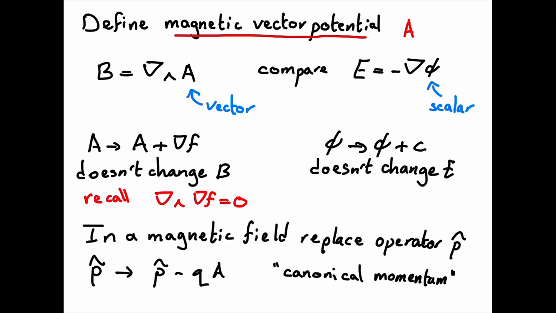Okay, so if I want to work out, for example, how the kinetic energy changes in the presence of a magnetic field, I'd replace P squared with P minus QA all squared, and that would work through. Okay, so that's a little bit of background that we needed.